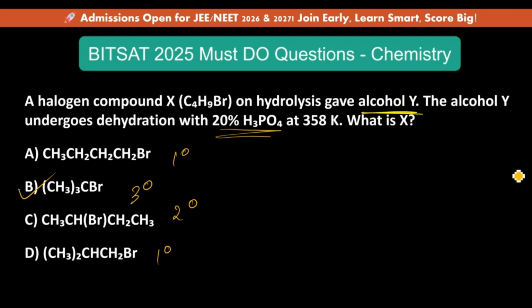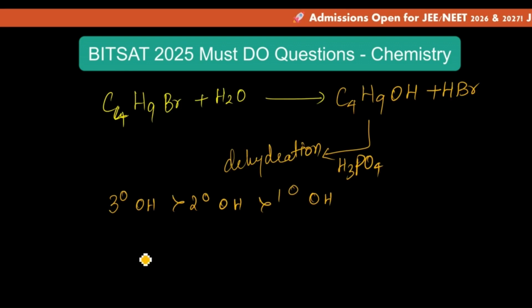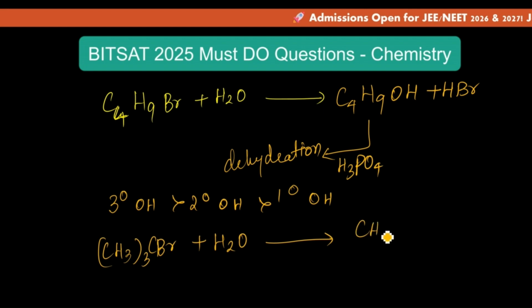Upon dehydration, let me write the reaction as well if you want. So (CH3)3CBr is there. So C4H9Br, which is undergoing reaction with H2O, that will form (CH3)3COH and HBr.